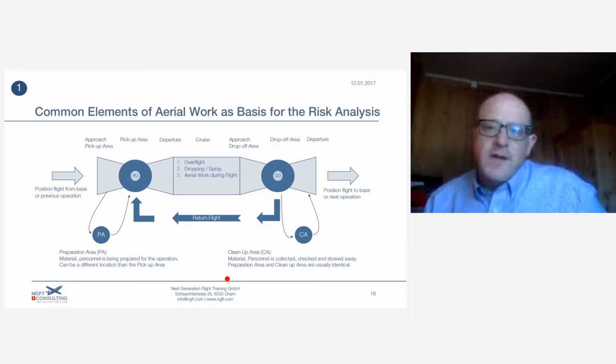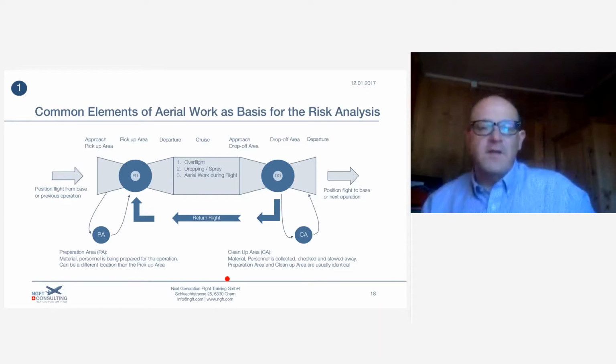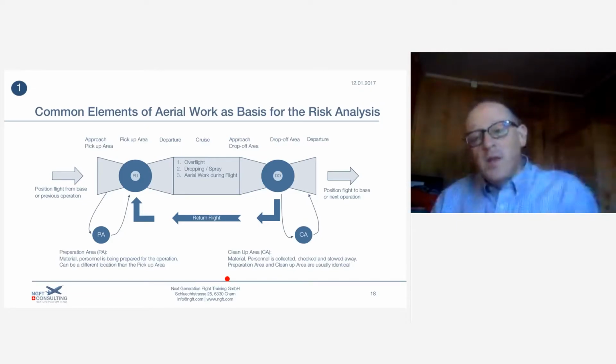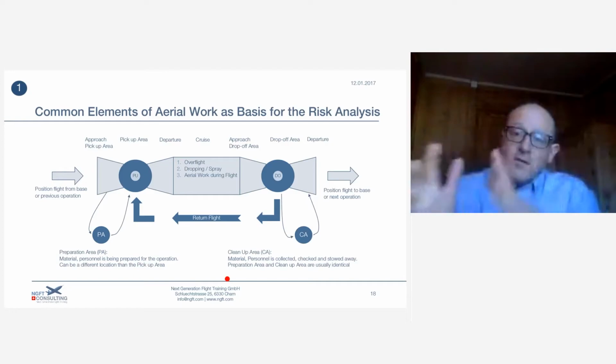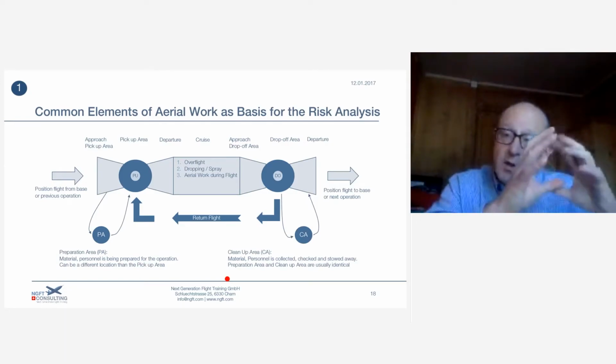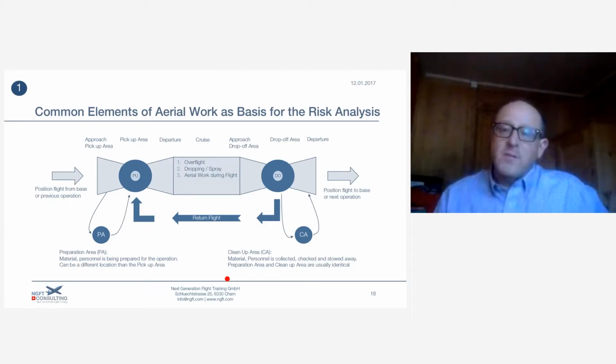That's a possible framework. It includes all different types of operations. It should actually encompass all the different types of aerial work. And when we use this kind of structure, we're able to separate certain areas and phases during the operation and look at them in isolation on what could go wrong there in that part, okay?